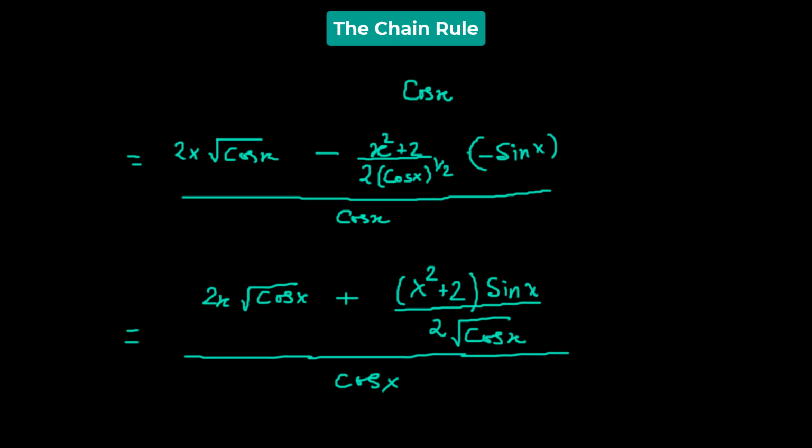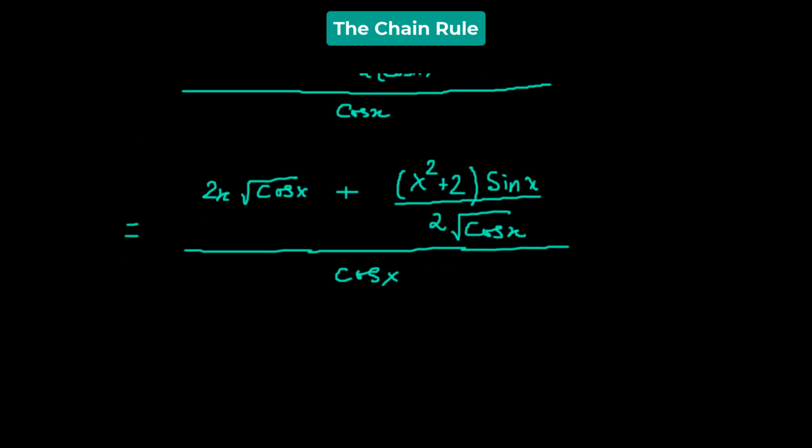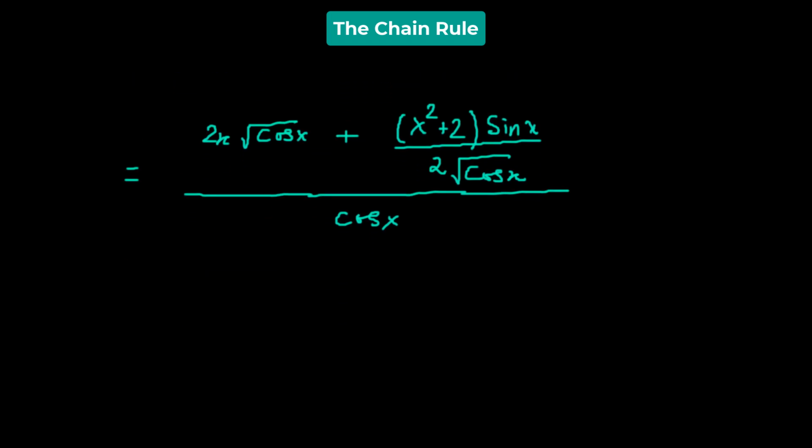Now we're going to multiply both the numerator and the denominator by 2 times square root of cosine of x. So that gives us 2 times 2 will be 4x. So square root of cosine x multiplied to square root of cosine x will give us simply cosine of x.